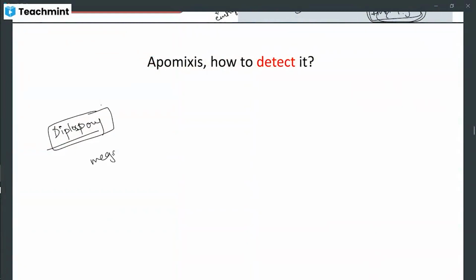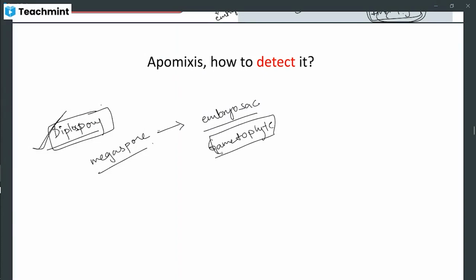Hope you know about the megaspore. If this megaspore directly leads to the production of the embryo sac, this mechanism is known as diplospory. So diplospory also ends with the gametophyte. We saw two terms which generally end with the gametophyte: one is diplospory and the other is apospory.